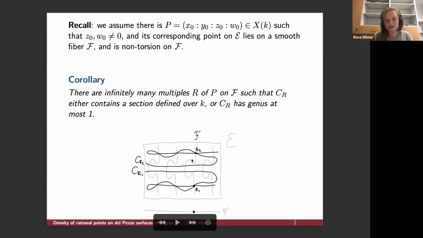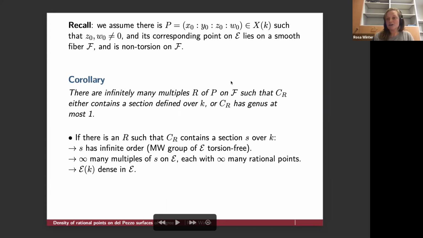You should think of this as the fiber of the point where we start. We have this point P that we assume is on my Del Pezzo surface, and on this fiber of P, there are infinitely many points R for which I have such a curve, a 3-section, and it either contains a section over K or it has genus at most 1. Here I drew 2 of them, but there are infinitely many.